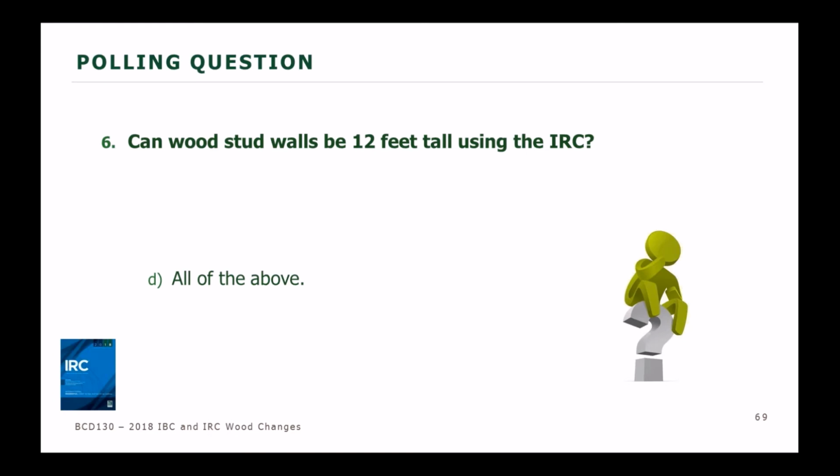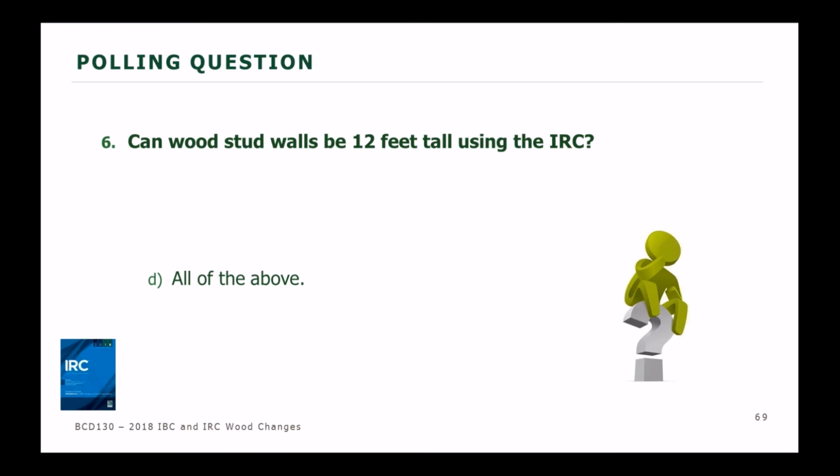Well, those two are completely inconsistent. And with the 2018, we have a new table that addresses studs that are up to 12 feet tall for gravity loads and out-of-plane wind loads, which have been very poorly addressed in the IRC so far.